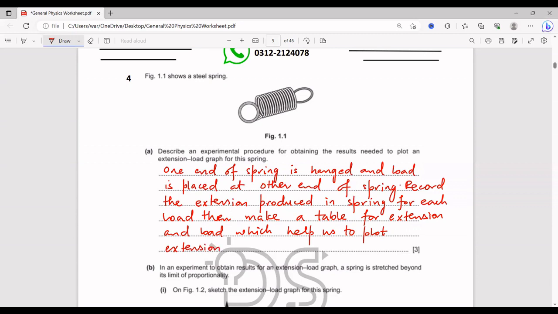After recording the values, you have to make a table, and the table will help you to plot the extension load graph. So what is the shape of the extension load graph? Load is placed on the x-axis and extension is placed on the y-axis.